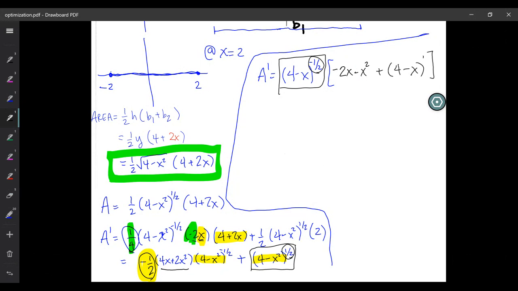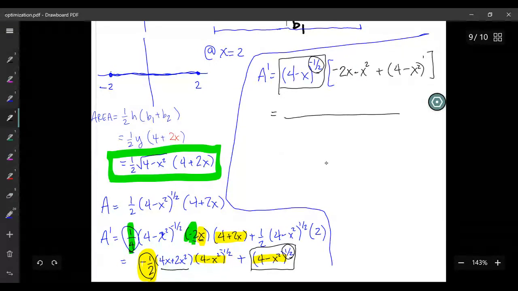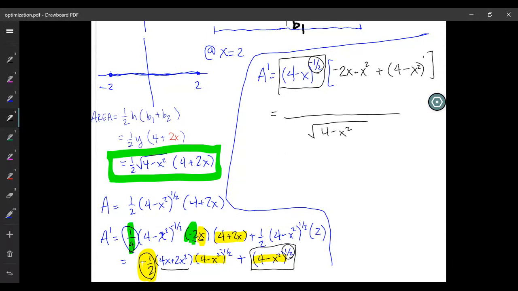All right, let me just double check my work here. This cleans up as the square root of 4 minus x squared in the denominator. We get a -x squared minus x squared is -2x squared, and then minus 2x plus 4.